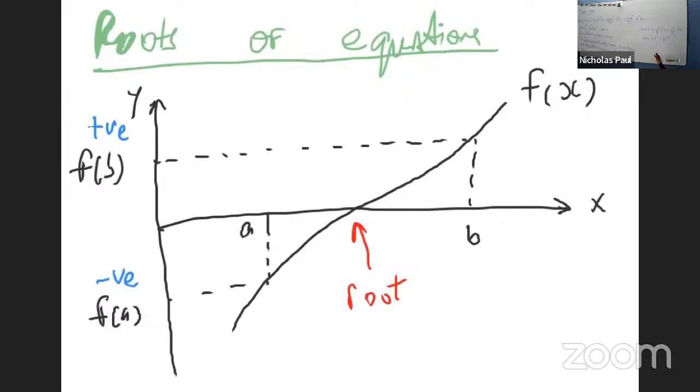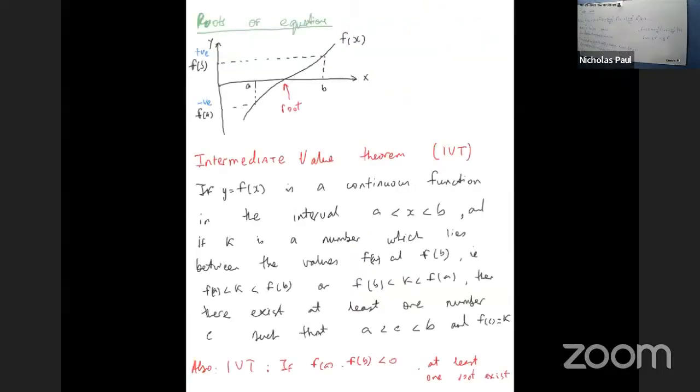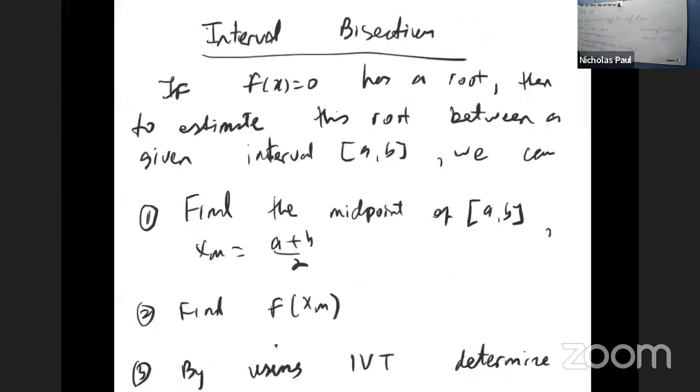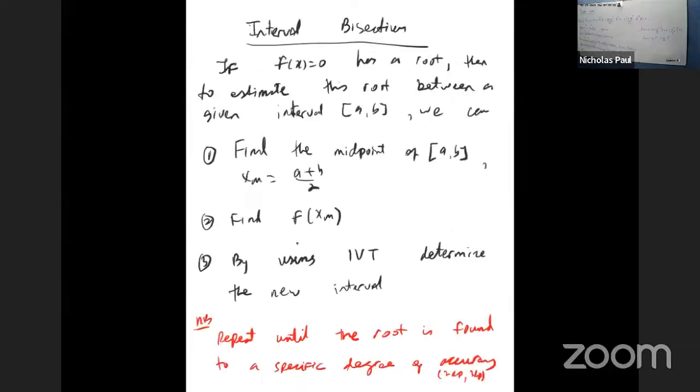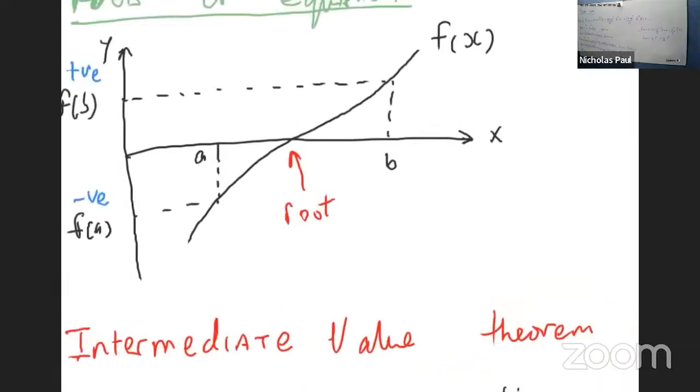But that will just tell you that a root exists between them. Then you actually have to find the root. One of the methods is interval bisection. In interval bisection, you add up these two limits, get a new limit, and check whether the root lies between them.